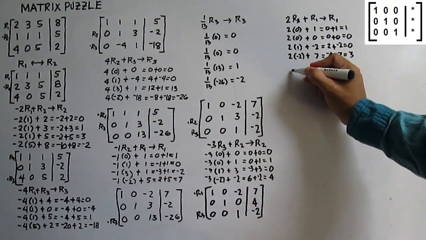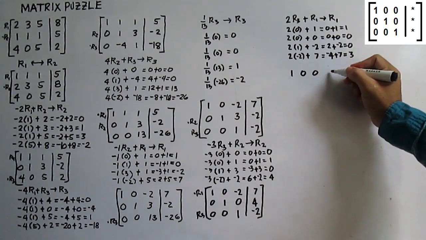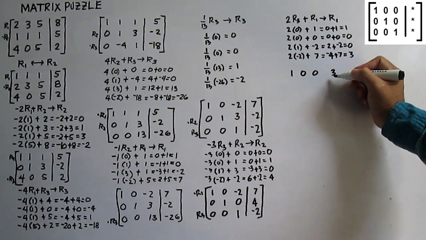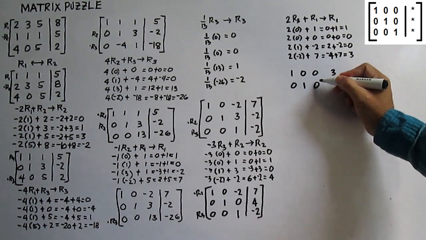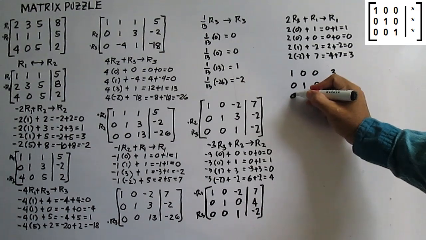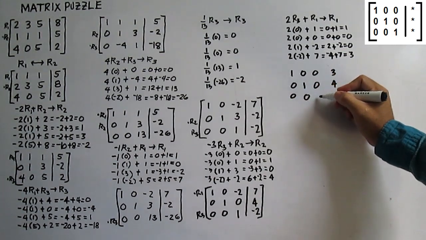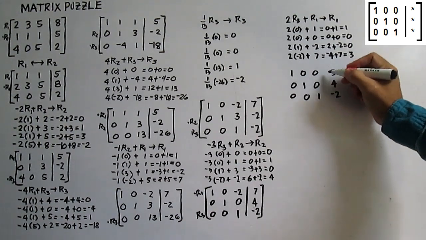Replace row 1, copy row 2 and row 3: 1, 0, 0, 3, 0, 1, 0, 4, 0, 0, 1, negative 2.